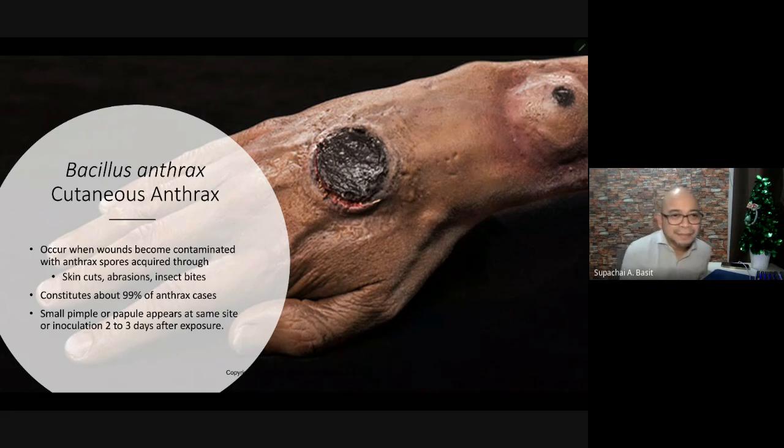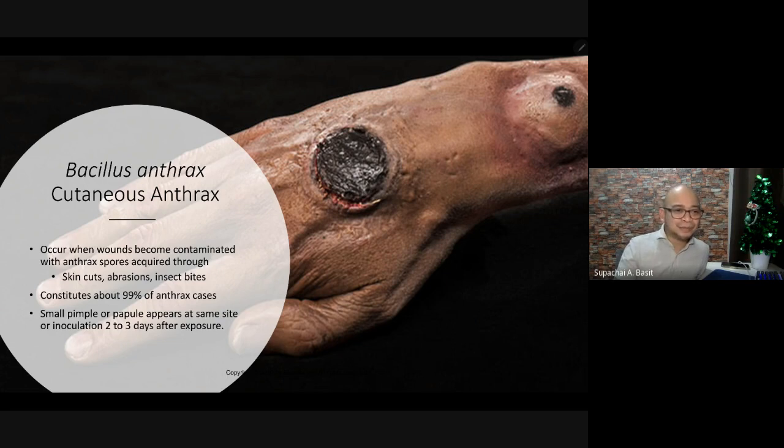Bacillus anthracis will cause cutaneous anthrax. It occurs when a wound becomes contaminated with anthrax, acquired through skin cuts, abrasions, and insect bites. It constitutes about 99% of anthrax cases, and most of these happen on the farm.